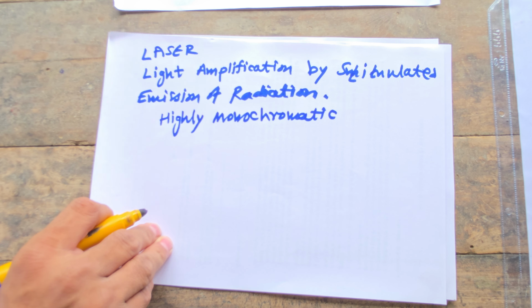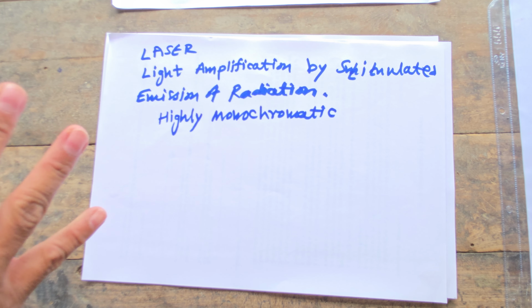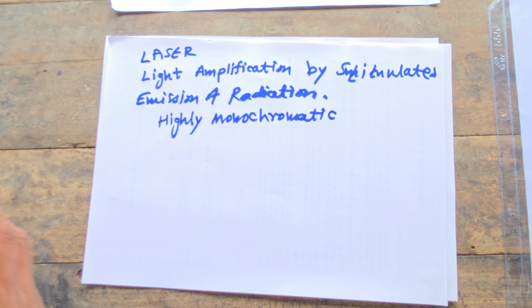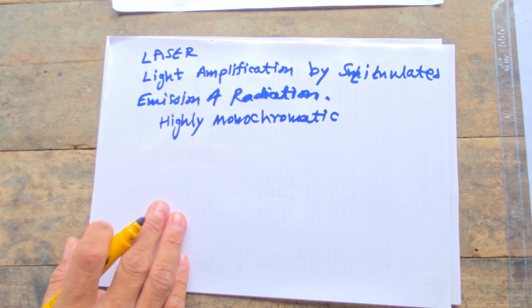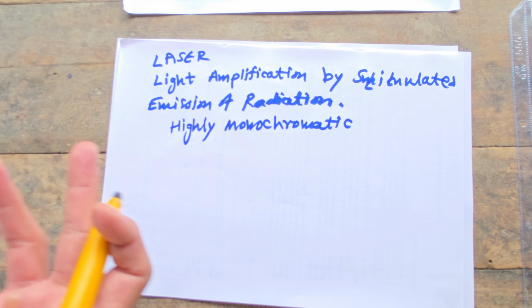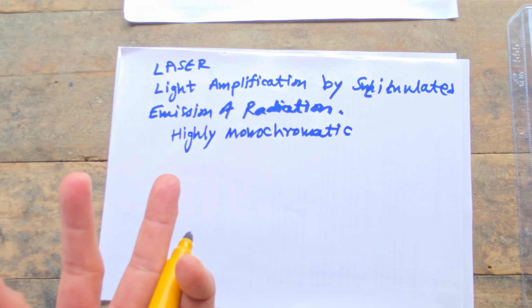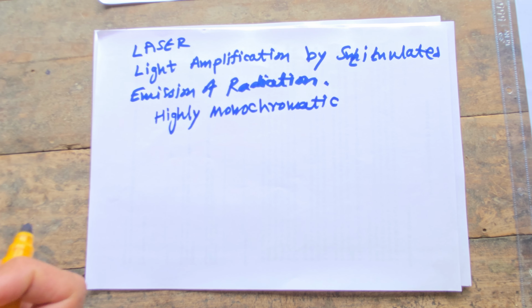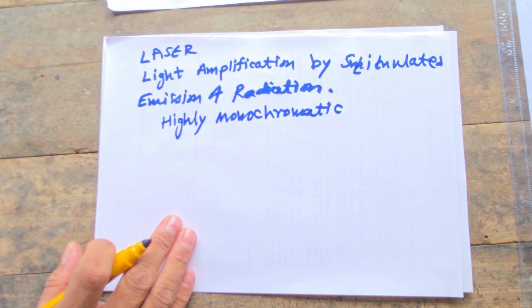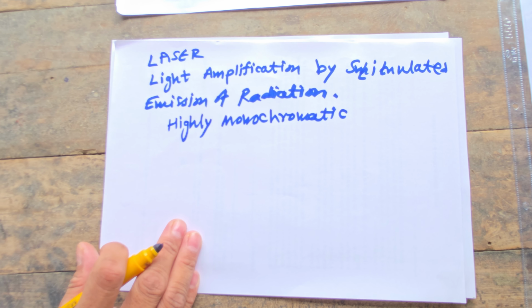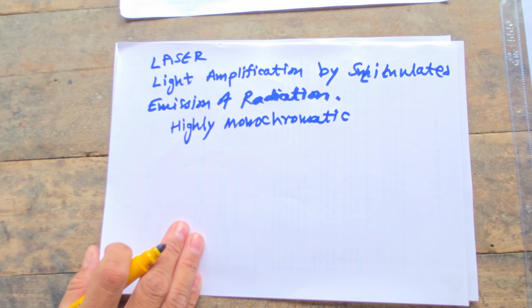For example, if we have a red laser, it will have that particular wavelength only. For a diode laser of red color, it will be around 6500 angstrom or so, and not a much broader wavelength spectrum.